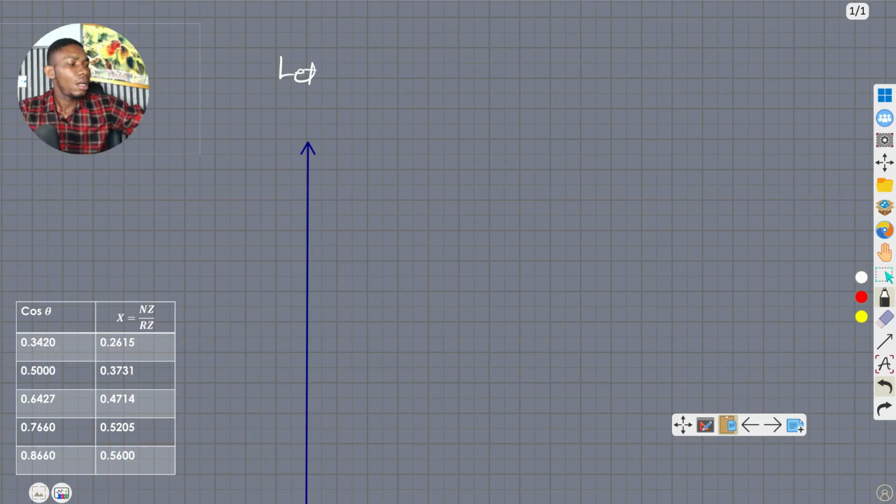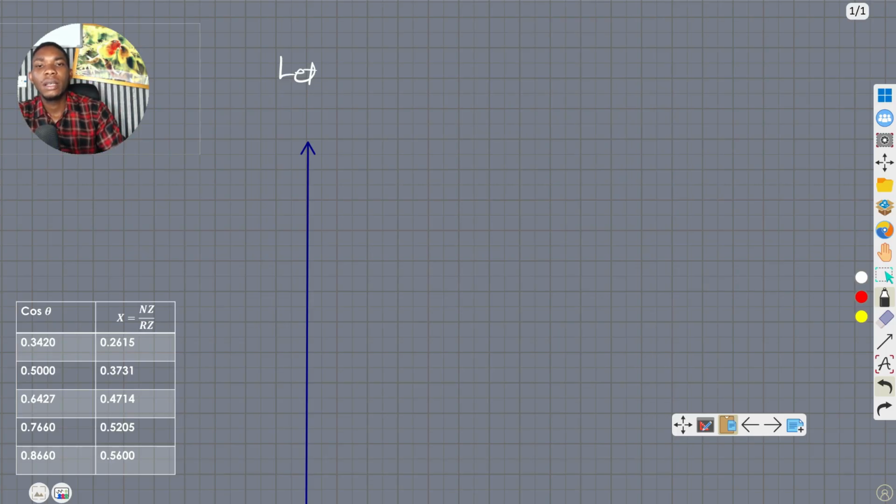Let me see how many spaces are in your graph, so that we use that one to take the slope. If we take 0.2, this will be 1, 2, 3, 4, 5, 6, 7, 8, 9.